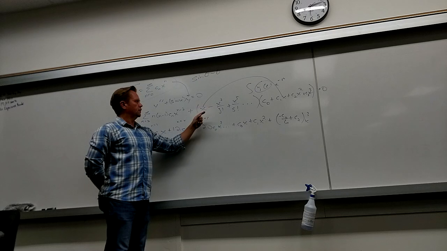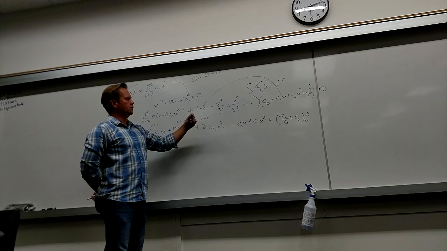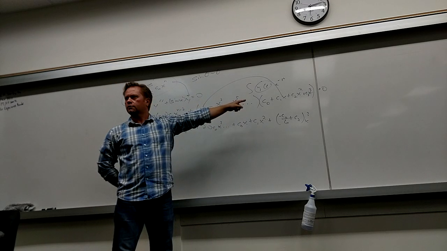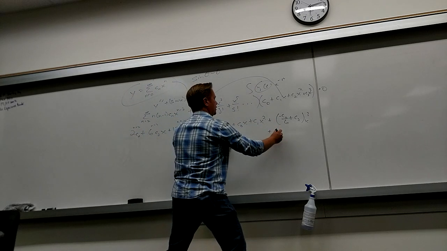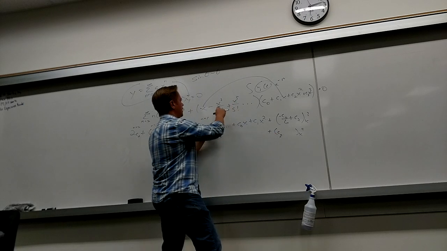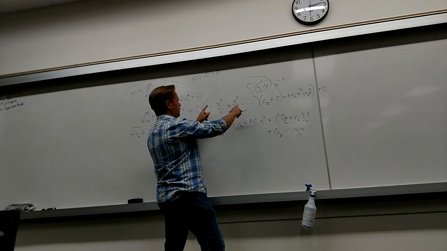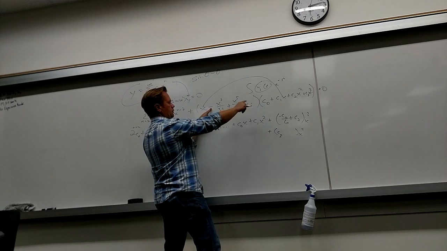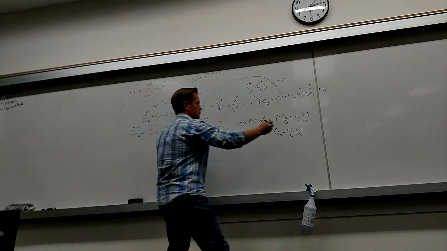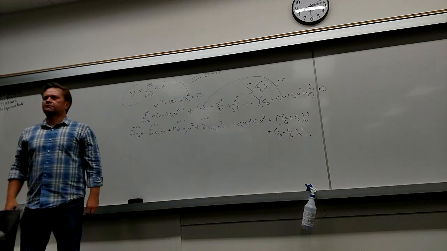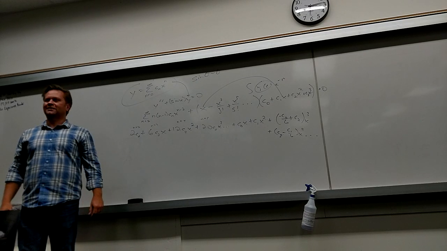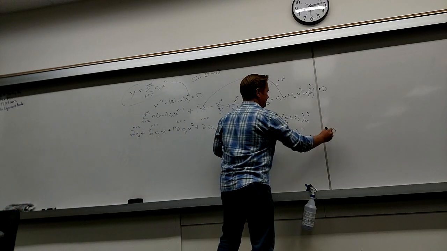What can I do to get x to the 4th? x cubed, and x cubed times x. So that would be c3 x to the 4th, and then the other would be minus c1 over 6 x to the 4th. Dot, dot, dot, equals 0.